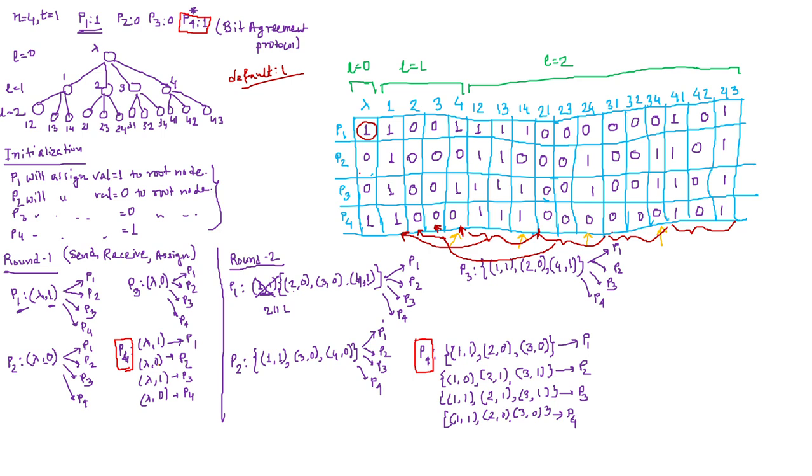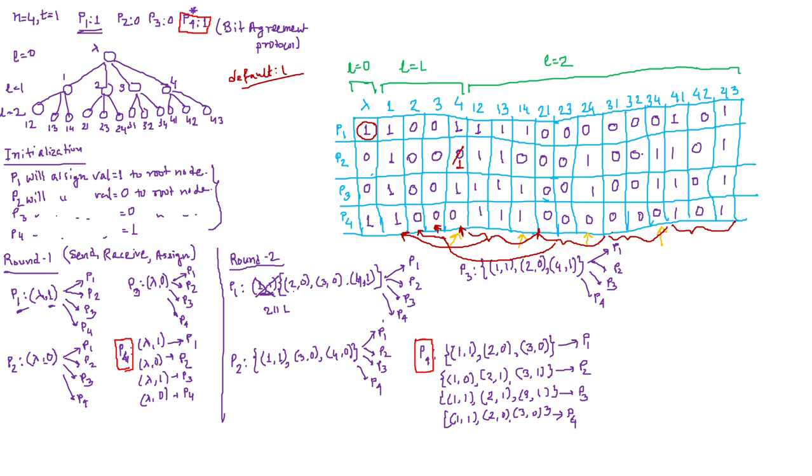P2 will also run the same bottom-up approach to get some value at its root node. So let's see. 4 1, 4 2, 4 3, 1, 0, 1. The majority is 1. So the value at node 4 should be 1. So we will rewrite this value as 1. 3 1, 3 2, 3 4: 0, 0, 1.